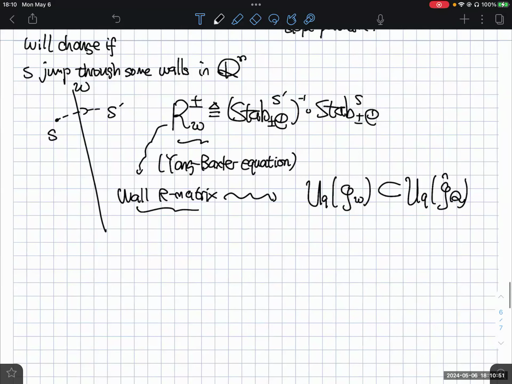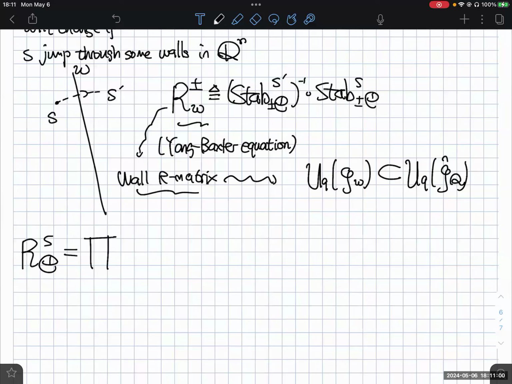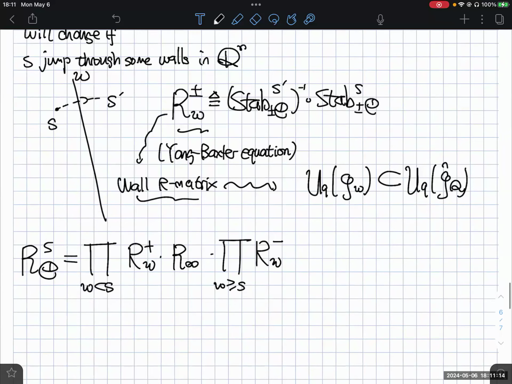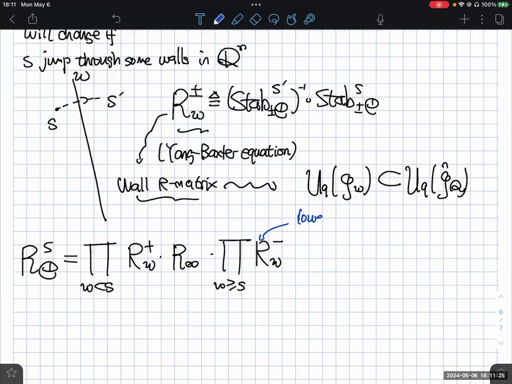This is a subalgebra inside of this quantum algebra. The good thing is that this geometric R matrix can be factorized with respect to this wall R matrix. The plus minus sign here, you can think of the minus sign as some matrix that is lower triangular, and the upper sign stands for the matrix that is upper triangular.